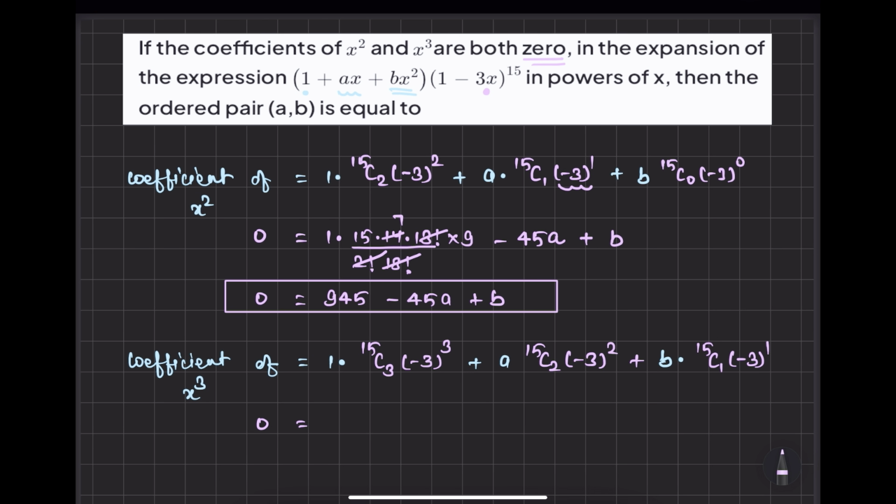So it is 15c3 times minus 27, that is 15, 14, 13 factorial upon 3 factorial into 12 factorial, plus 15a, that is 15, 14, 13 factorial by 2 factorial and 13 factorial, then we will have 9, and this is minus 45.